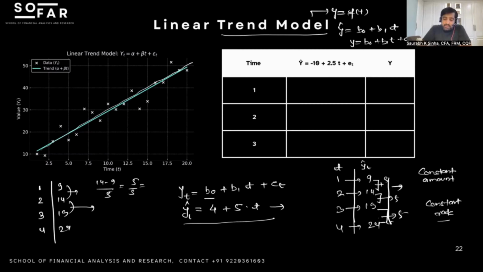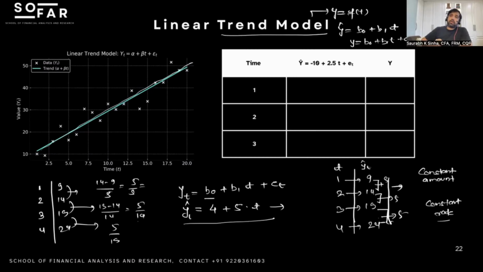And this would be 19 minus 14 upon 14, which is 5 upon 14. This is going to be 5 upon 19. Can you see that the growth rate is actually decreasing? 5 upon 9, 5 upon 14, 5 upon 19. The growth rate is decreasing. Yes or no? You can see that? Okay.